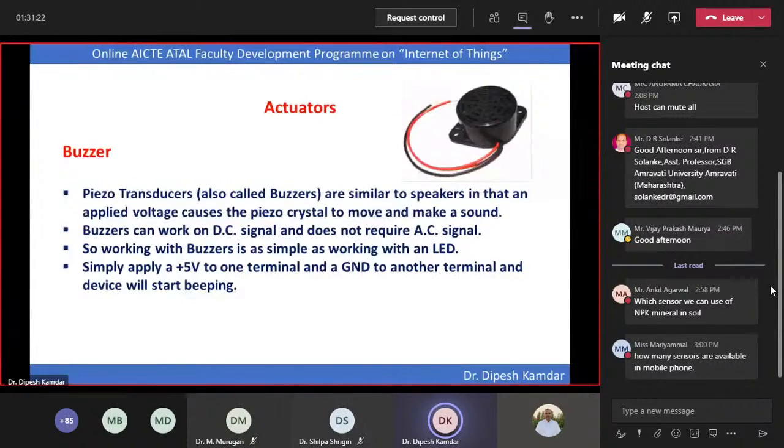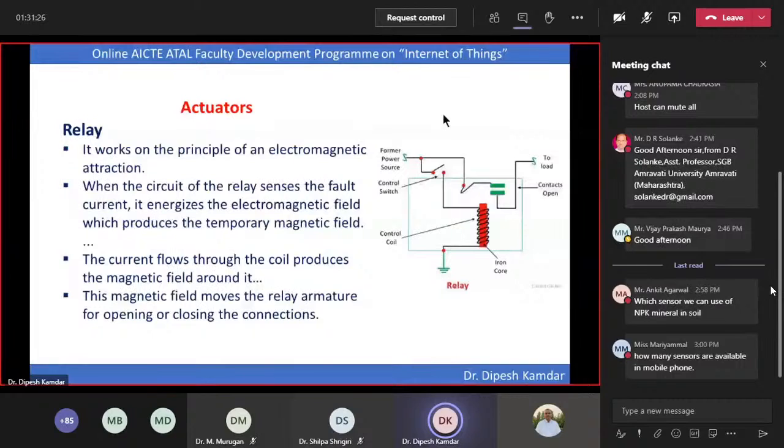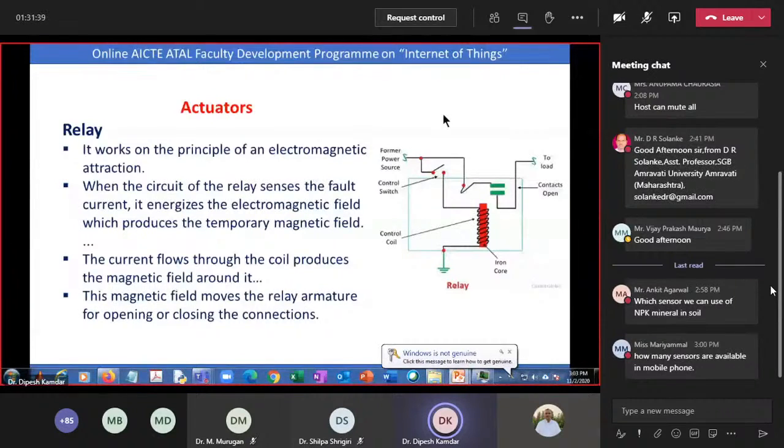Then the next actuator is the relay. Most of the time in the IoT field, the actuators work on AC, while our controller-based systems and controlling devices work on DC.